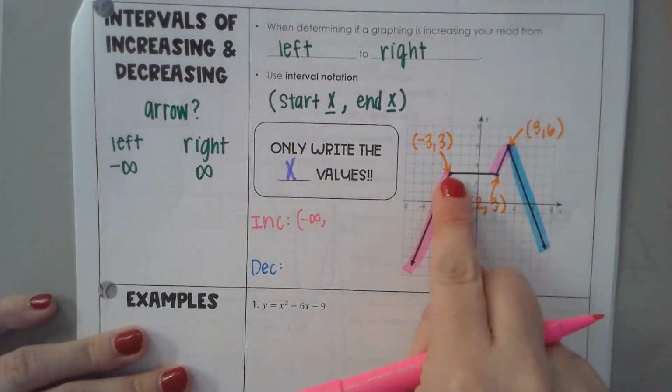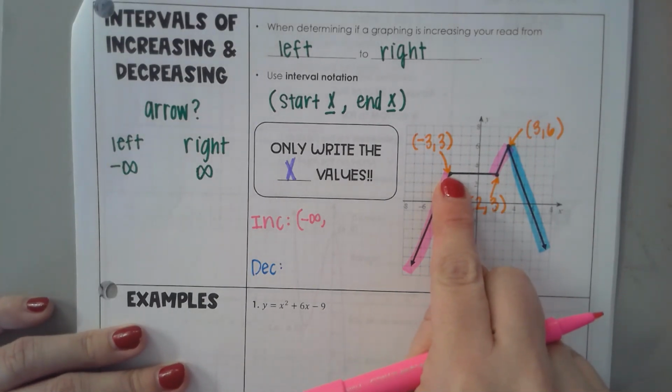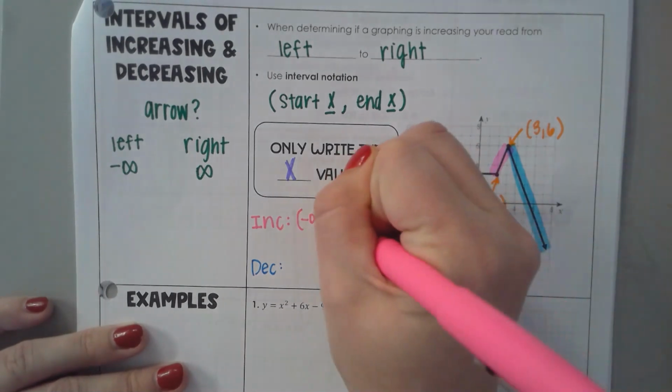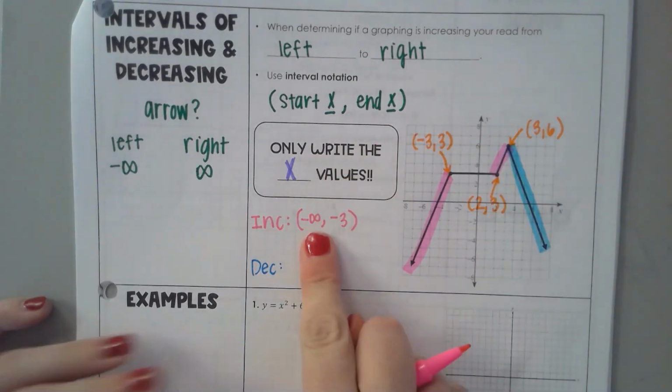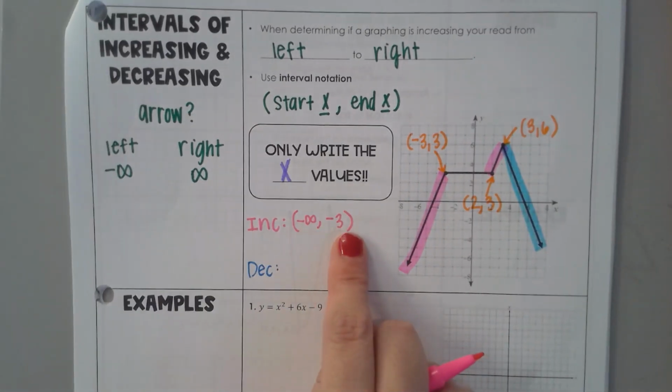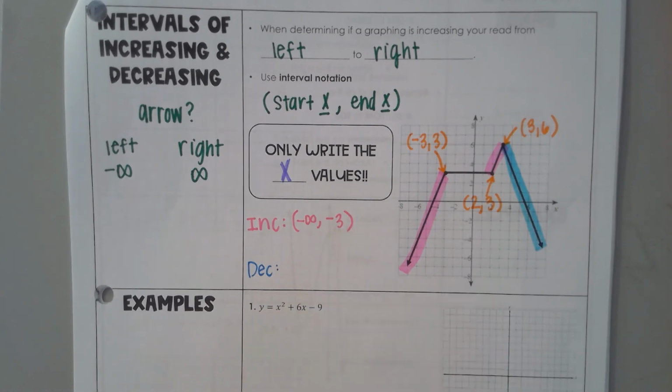Okay, but it goes up here. Where does it end? Negative 3. What am I only supposed to write? The x. So just the negative 3. So it increases from negative infinity up to negative 3. That's one section where it's increasing.